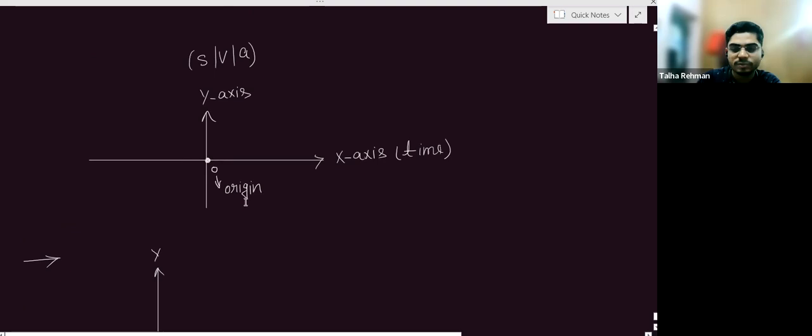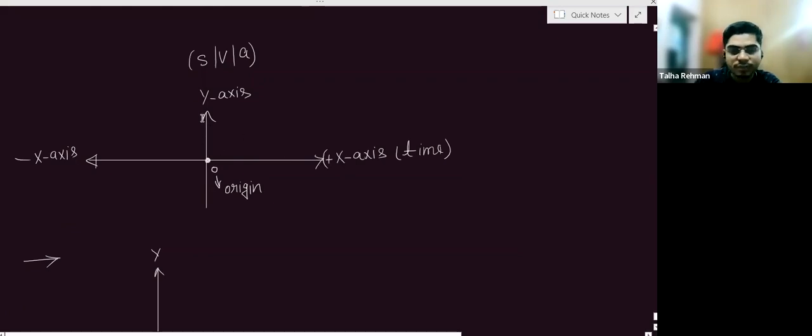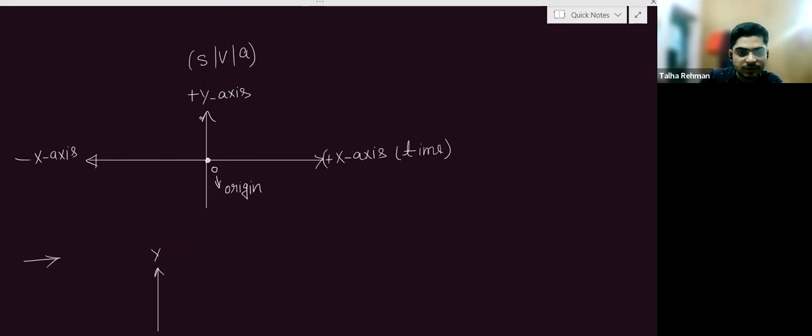This side of the origin is the positive x-axis, and this side of the origin is the negative x-axis. Upside of the origin is the positive y-axis, and downside of the origin is the negative y-axis.